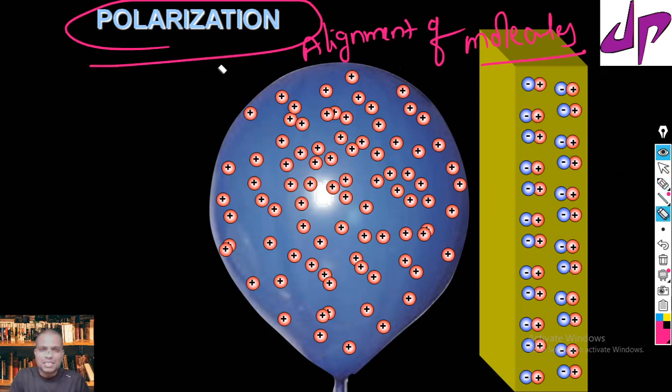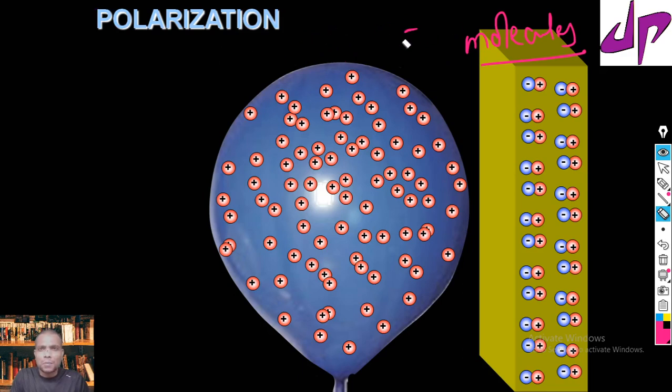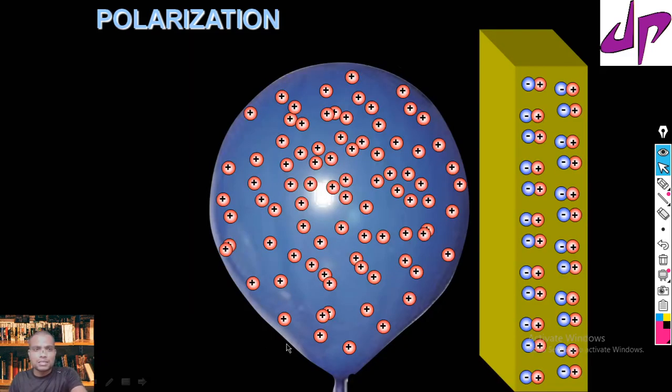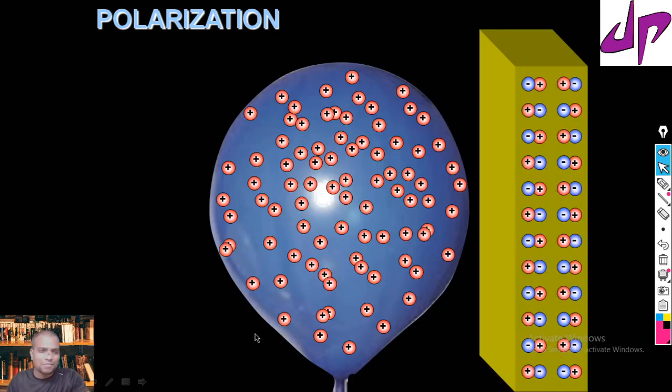It's a similar type of charging, but once you take out this positive charge, the alignment returns to its original positions. It doesn't remain forever. That's why we cannot call this exactly a charging method, but you can assume it's one type of charging.